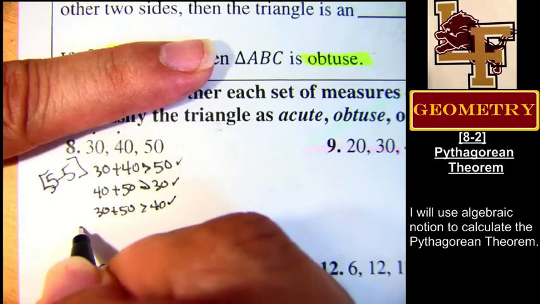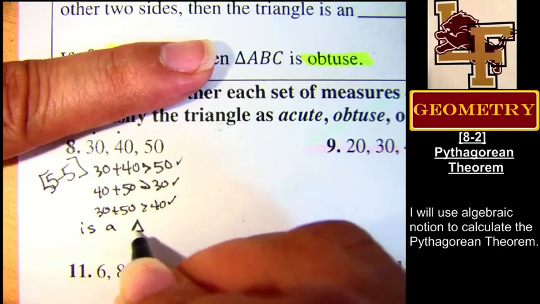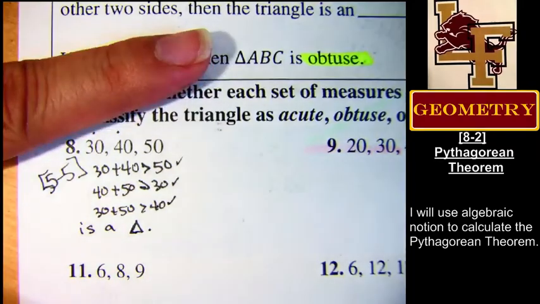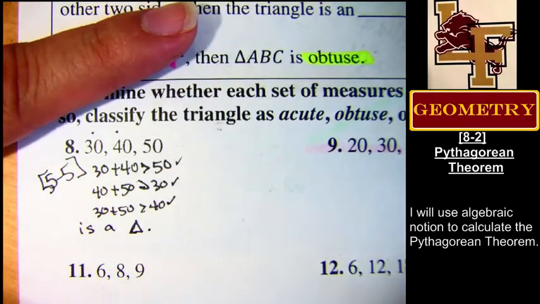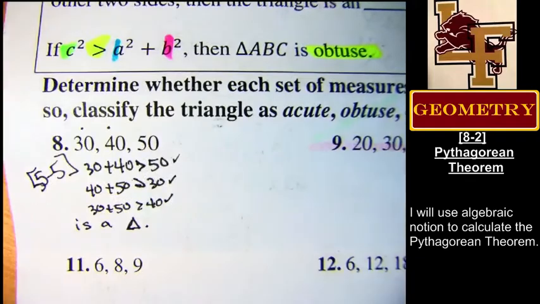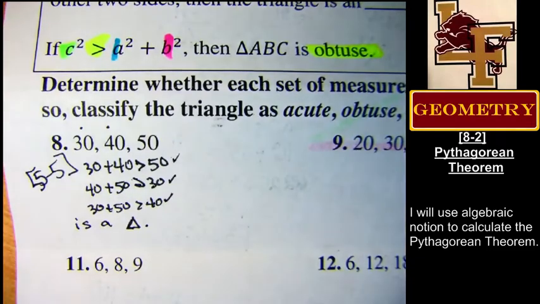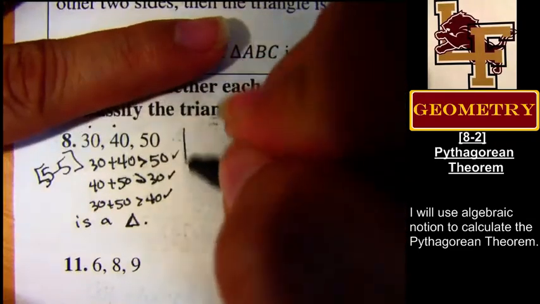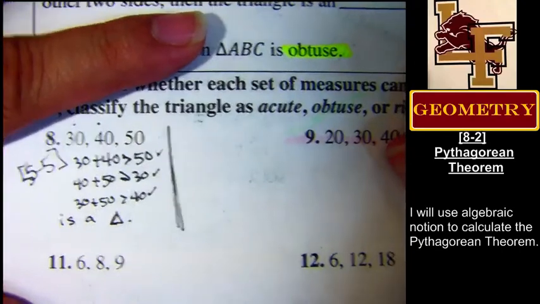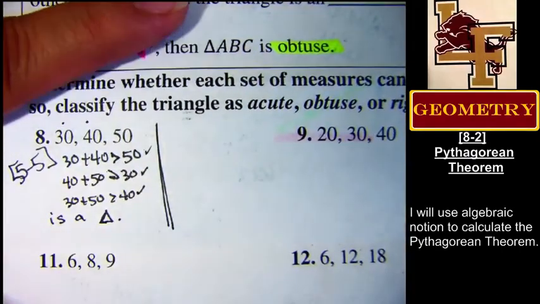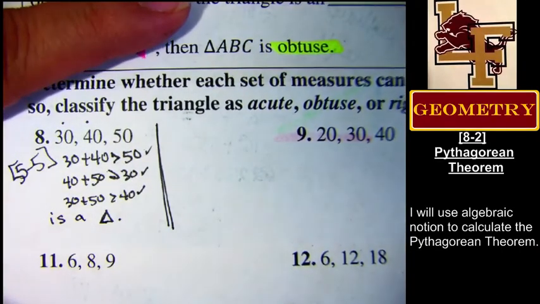Okay, so we can say this is a triangle. Now that we know it's a triangle, we have to state whether it's acute, obtuse, or right. So this is step one: is it a triangle, yes or no? Yes.